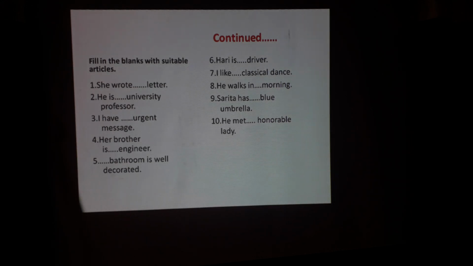Number four, her brother is ... engineer. Number five, ... bathroom is well decorated. Number six, Hari is ... driver. Number seven, I like ... classical dance. Number eight, he walks in ... morning. And number nine, Sarita has ... blue umbrella. And number ten, the last one, he met ... honorable lady.